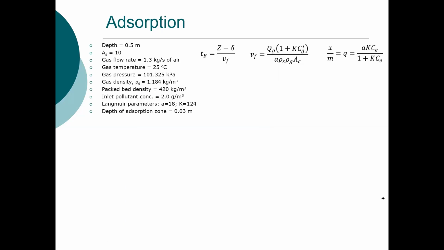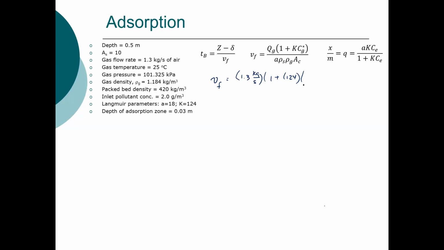So I've written out the equations and the various parameters. So the velocity of the adsorption zone is equal to the flow rate of the gas, 1.3 kilograms per second, times 1 plus 124 times the concentration. And we want this again in the same units.